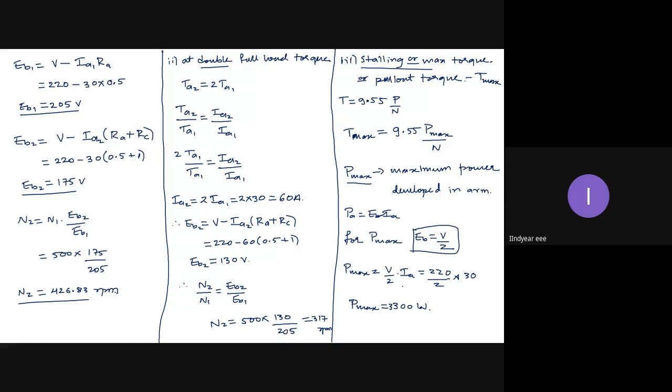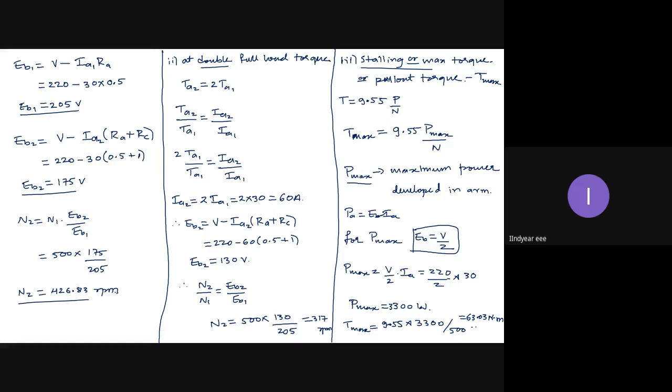Now substitute this in torque. Tmax is equal to 9.55 into 3,300 divided by 500. That is 63.03 Newton meter.